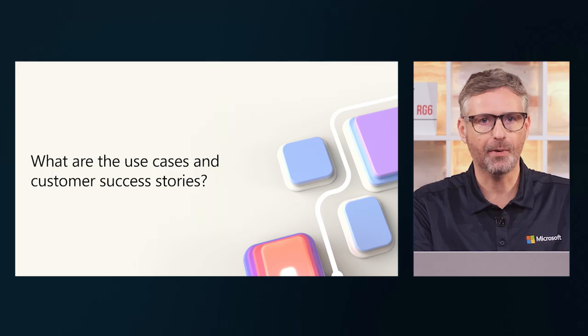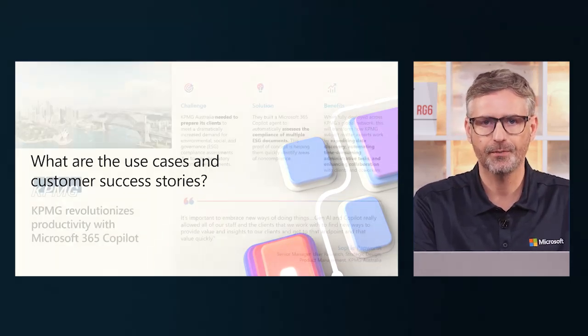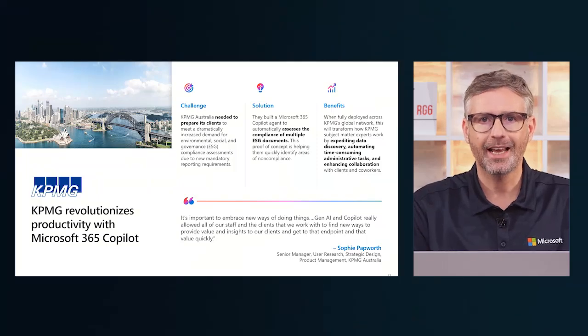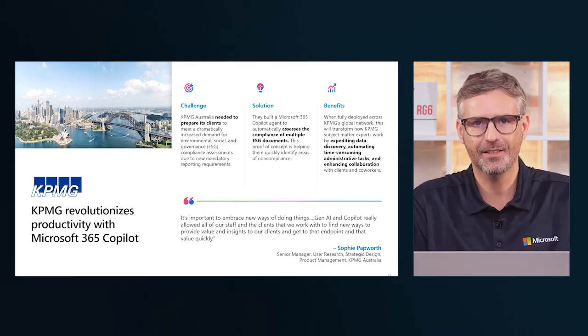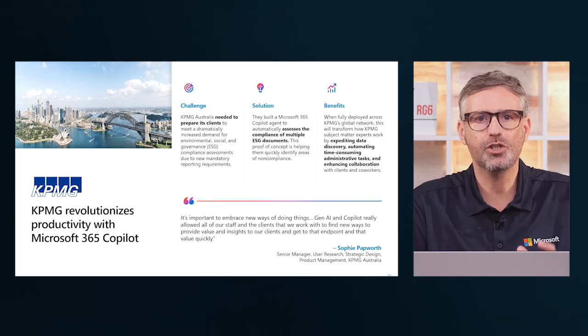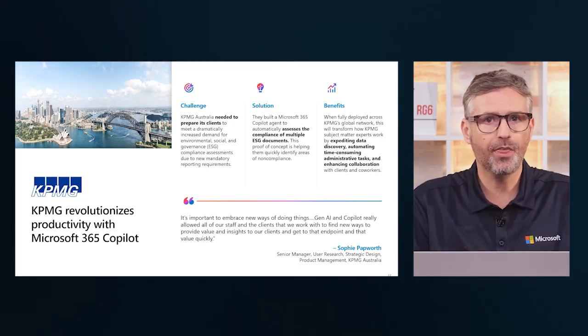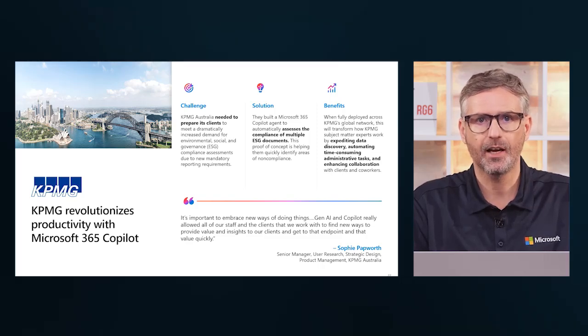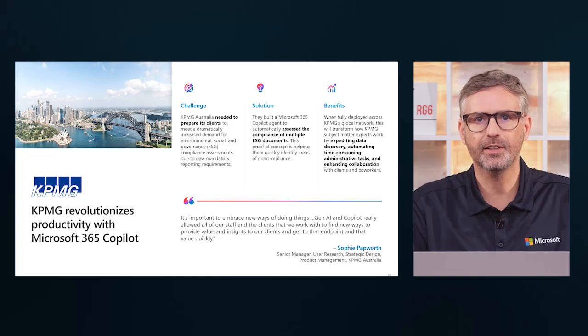Do you want to know how companies are using Microsoft 365 Copilot and the extensibility options? For example, KPMG prides themselves as being innovative in bringing the latest technology and capabilities for their clients and their employees. KPMG needed to ensure a safe environment is maintained for over 2,000 organizations in Australia and over 100,000 organizations globally to report their ESG information.